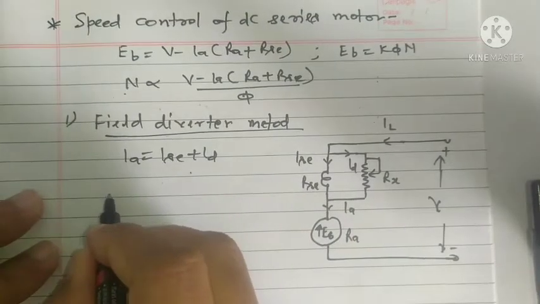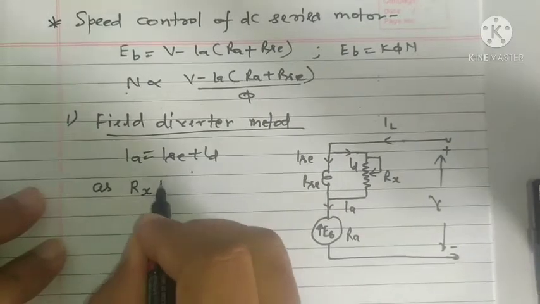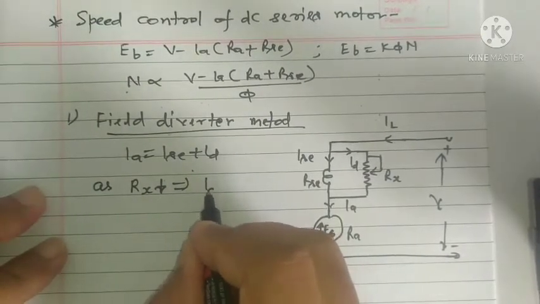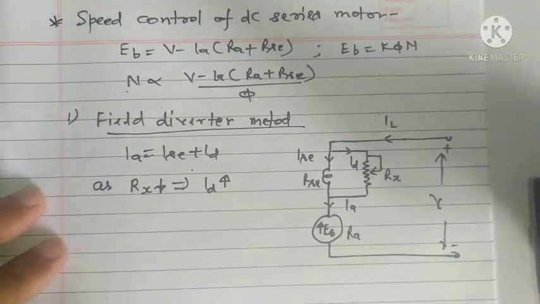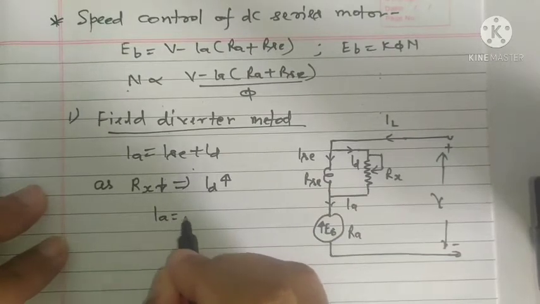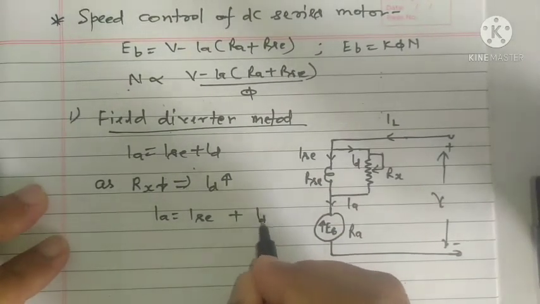Right. Let us say, as I am varying Rx, if Rx decreases, what will happen? ID will increase, and we know IA is ISC plus ID.